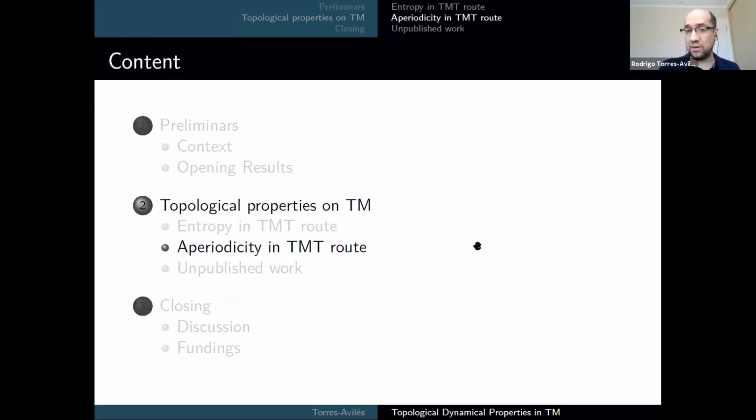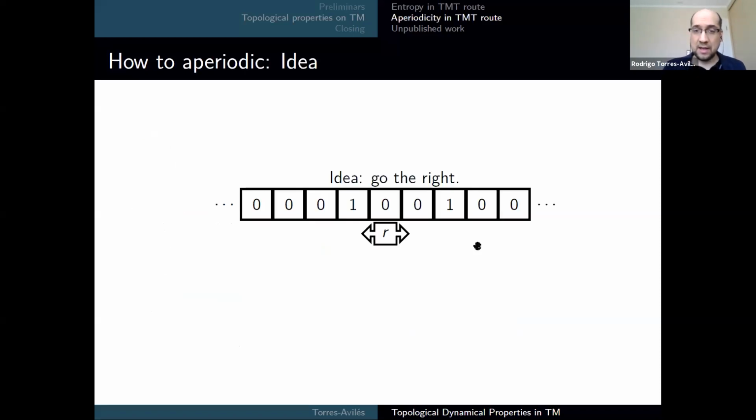Now, the aperiodic root of this rich field of research. What is the idea to have possible aperiodic machines that don't have any static, shifted or weakly periodic points? We have one to the left and one to the right, and we are in the middle. And we work searching from the symbol of the right.